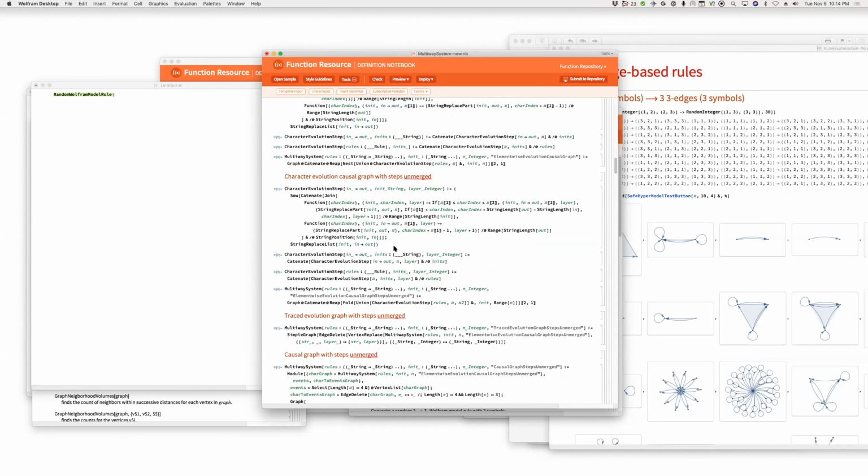Is that yours, Max's? Yes, it is. Okay, and what is it, and is it still needed? It is a graph in terms of characters in strings. So it's string and then character in it, and it shows a causal network of those basically.